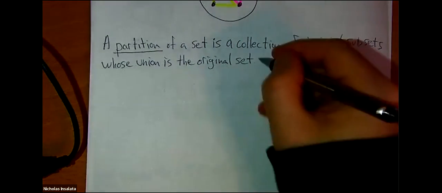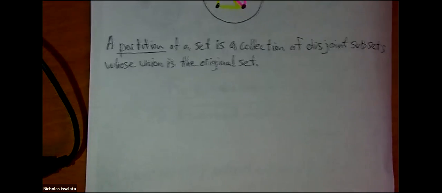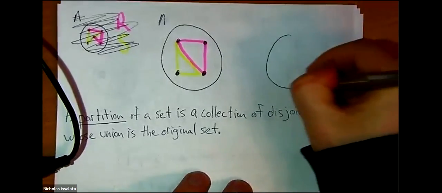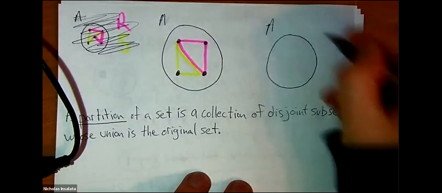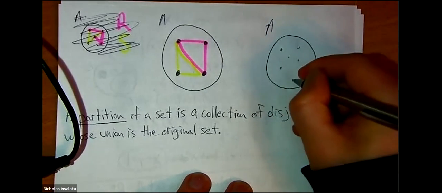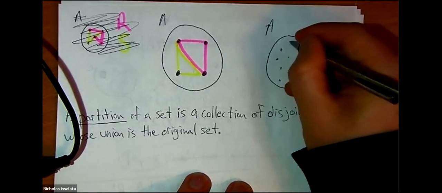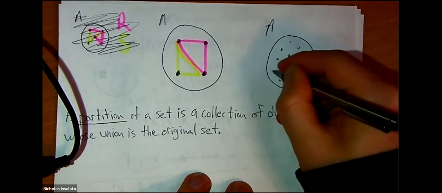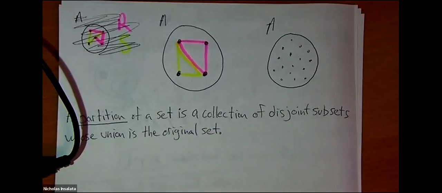Okay, so I think, again, a picture is nice here. If I want to talk about some set A, and we have all kinds of points inside of A, here's my set full of stuff, and I want to partition this.